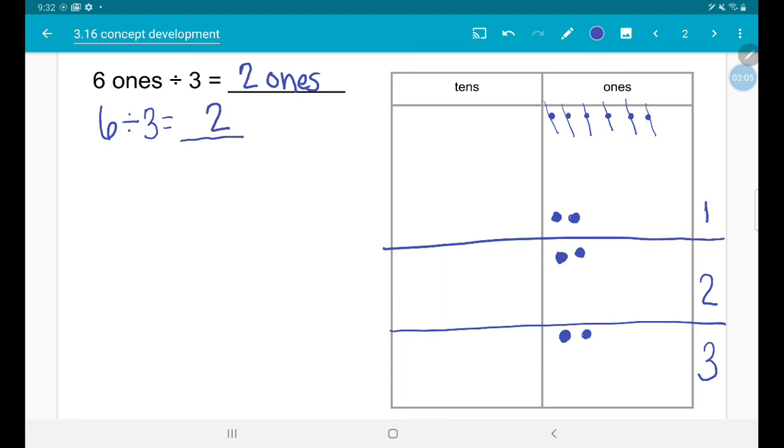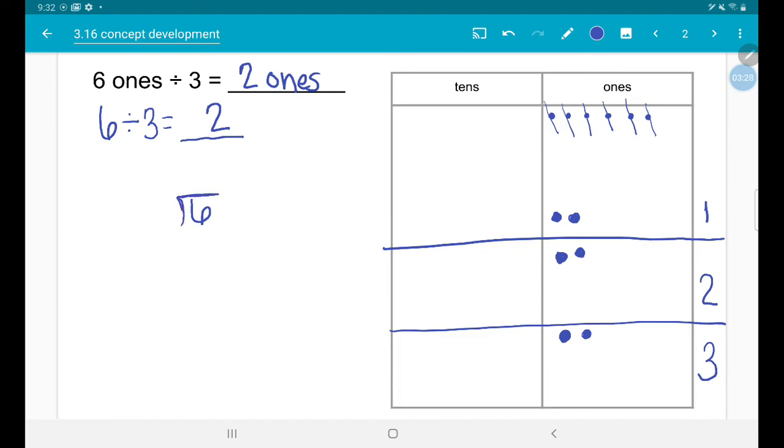Okay, so we're going to write this another way. We're going to write it using long division. So what's the whole or the total amount that I have? 6. So I'm going to write a 6. And then I'm going to use the long division symbol.